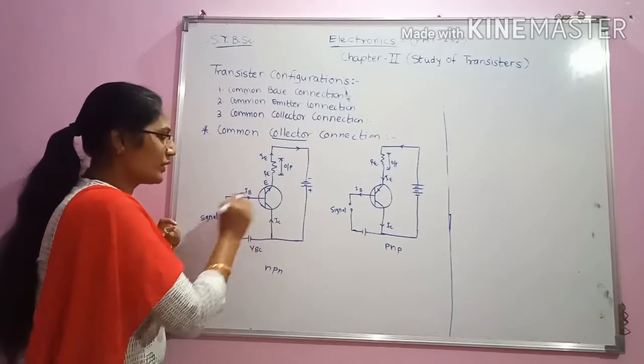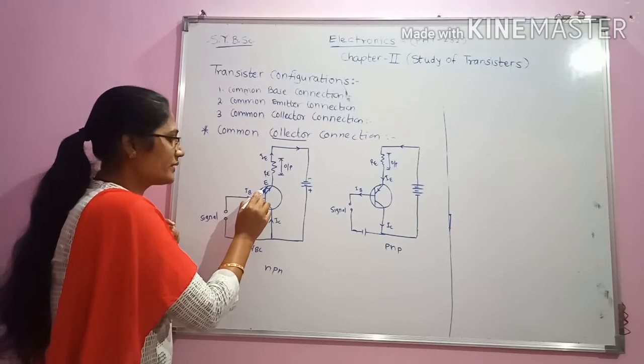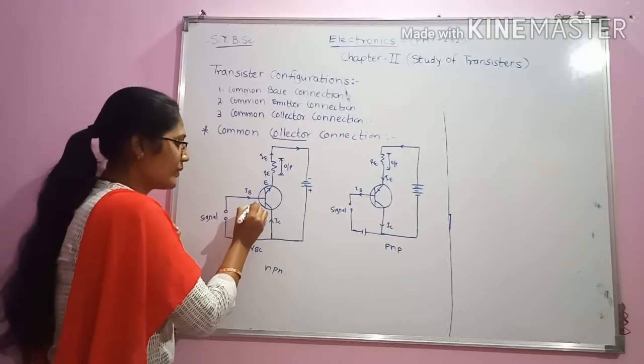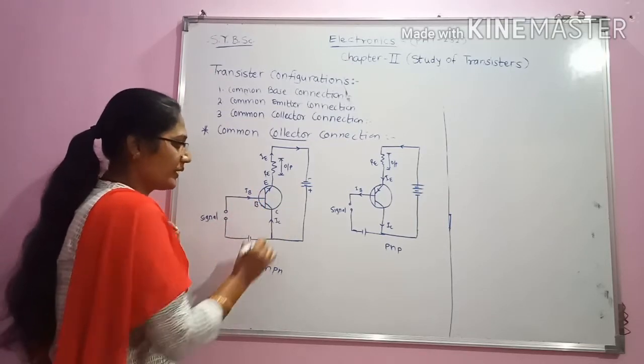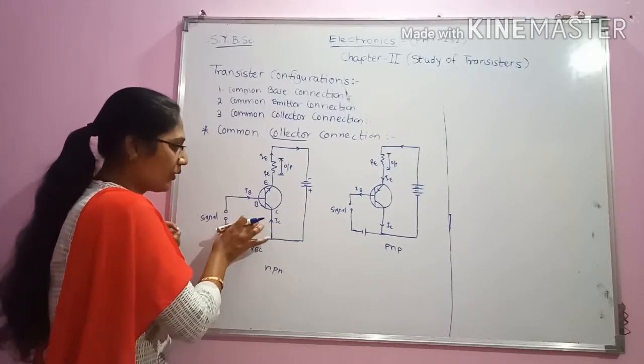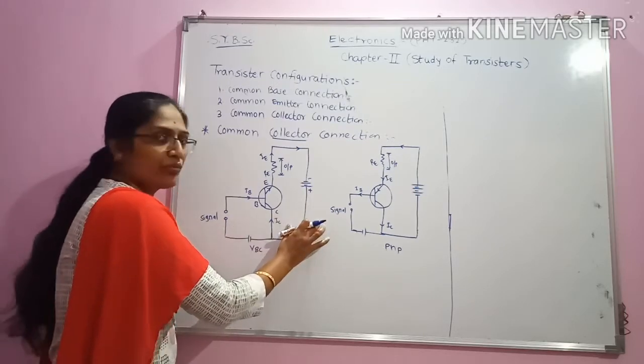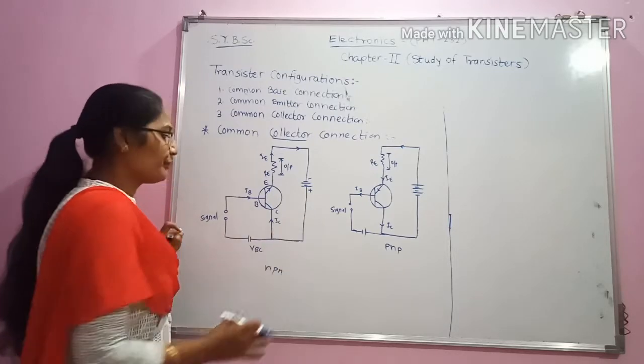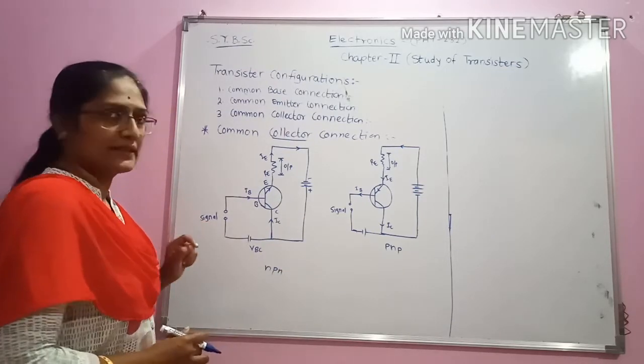Here there is one transistor, it is its emitter, here it is base and here it is collector, and we have made collector common for the input junction and for the output terminal of the AC signal.